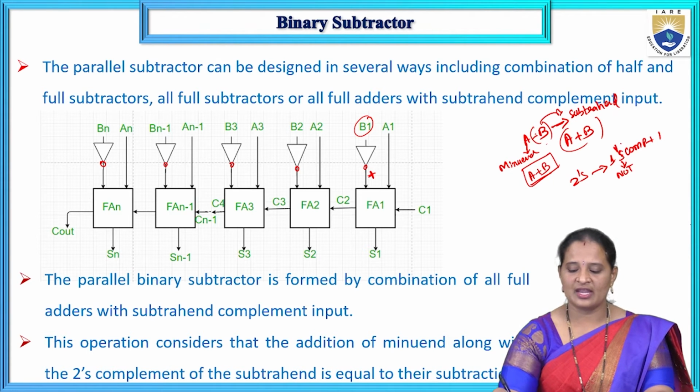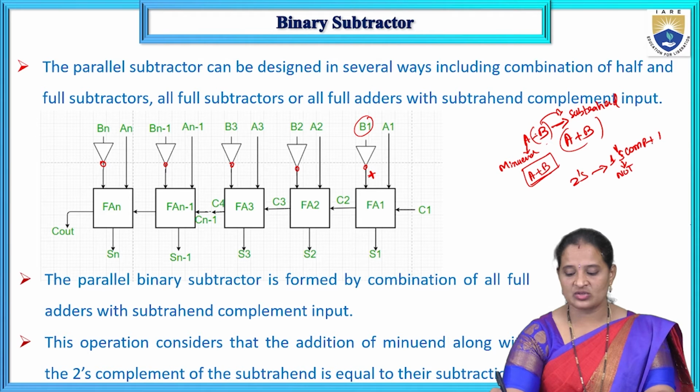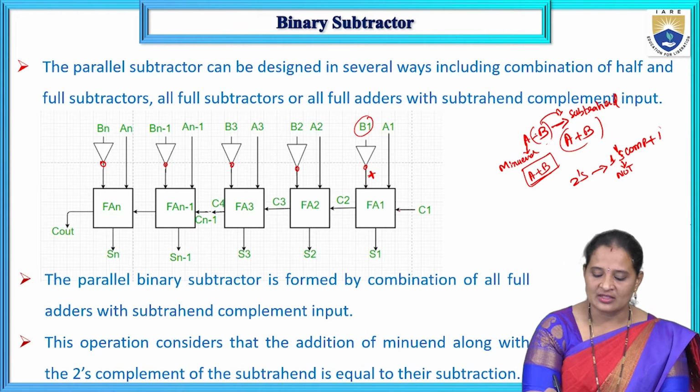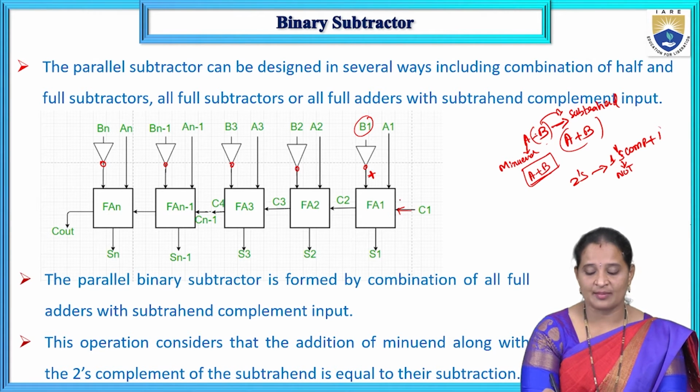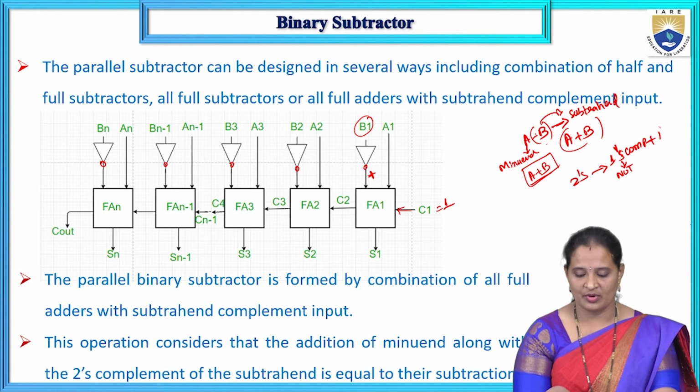So I want to get the 2's complement, the 1's complement plus 1. That means this 1 is to be added to the least significant bit. That is why the least significant full adder is applied with carry input equal to 1, so that the 2's complement of the given number is obtained.